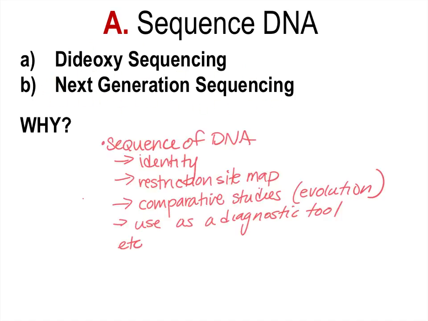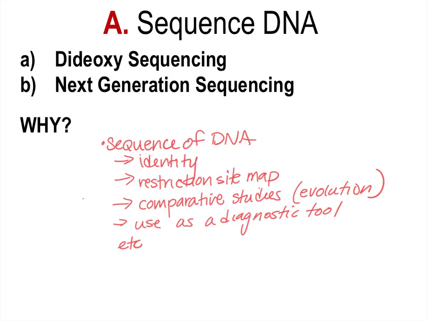Now, in brief, why you might want to get the sequence of the DNA. It could be for identity, like with your fish DNA barcoding experiment. You wanted to confirm the identity of the species. Perhaps you're just simply wanting to build a restriction site map. You want to know where in this sequence are there sites for various restriction endonucleases where they would cut.